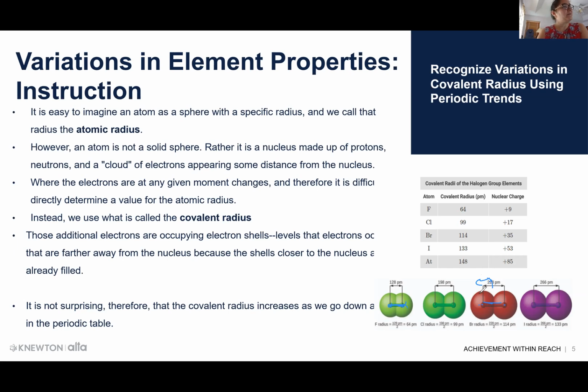Now you have the atomic radius, and if you look at the halogens going top to bottom in the periodic table, the atomic radius is increasing. And why is atomic radius increasing as you go top to bottom? Fluorine has 2 energy levels, chlorine has 3 energy levels, and bromine has 4 energy levels.